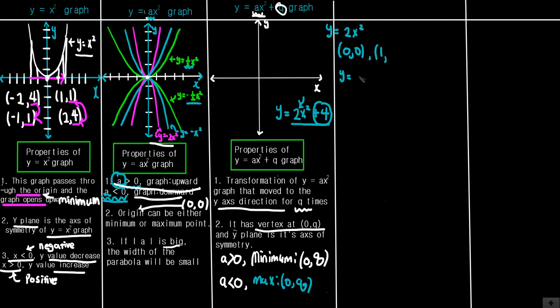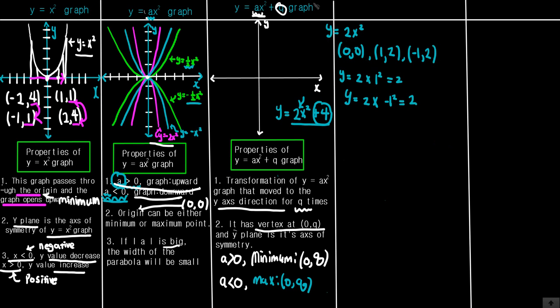So y equals 2 times 1 squared, which will turn into positive 2. Now let's think about negative 1. For negative 1, y equals 2 times negative 1 squared, which is also equal to 2, so we can write that down.